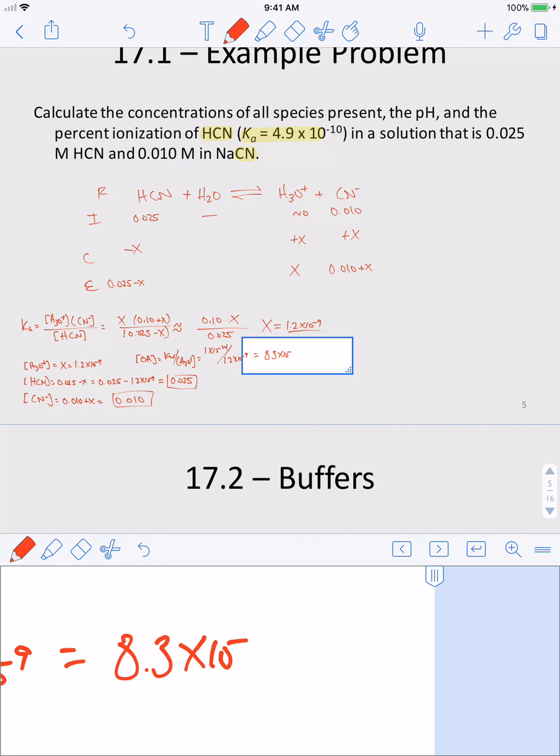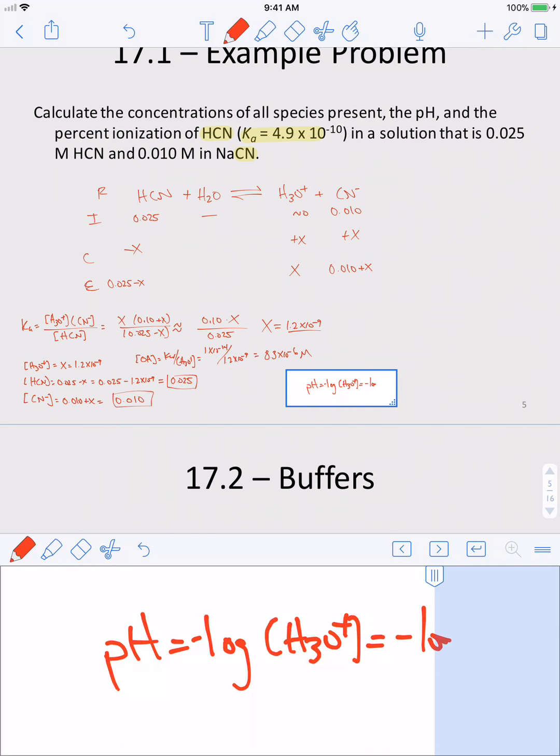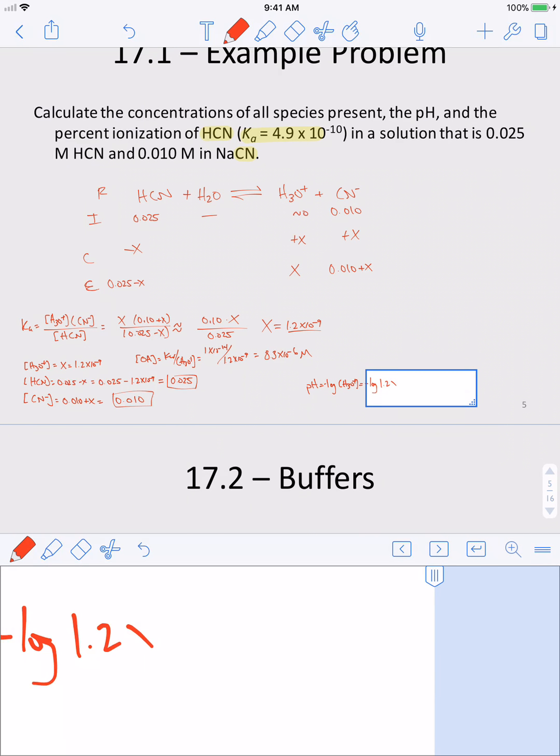And then the last thing it asked for was the pH. So again, pH is the negative log of H3O+, which is X. So negative log of 1.2 times 10 to the minus 9. pH equals 8.92, so we're basic.